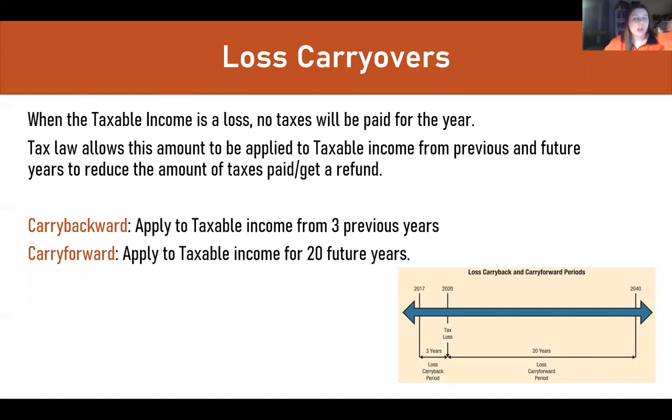And then for loss carryovers, this happens in tax. Basically when your taxable income is a loss, so it's in the negatives, you're not going to be paying taxes for that year. And tax laws allow that this amount be applied to taxable income from previous and future years to reduce the amount of taxes that you are going to pay in future years, or to get a refund for the taxes that you paid in previous years.